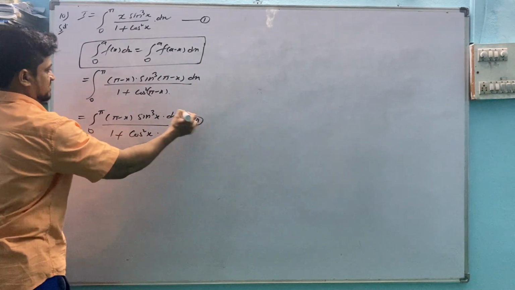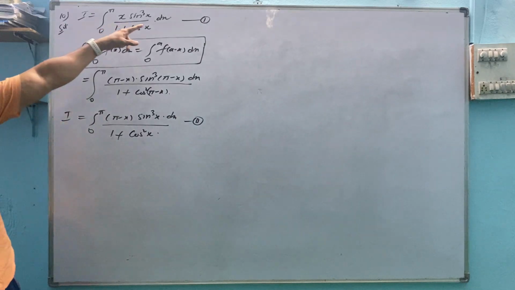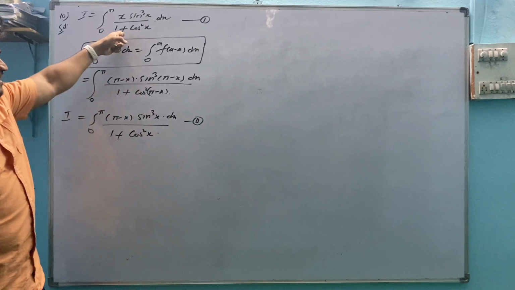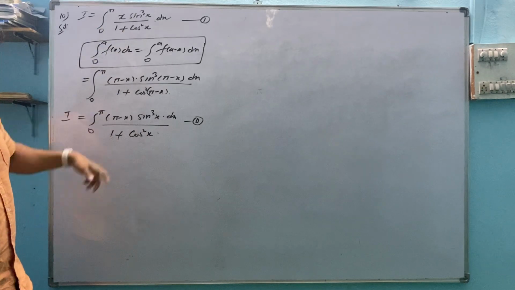This is the second one. I value before the property and I value after applying the property. We have two I values. Now what you have to check? We have the denominator and 0 to pi as common things, so we'll add 1 and 2.